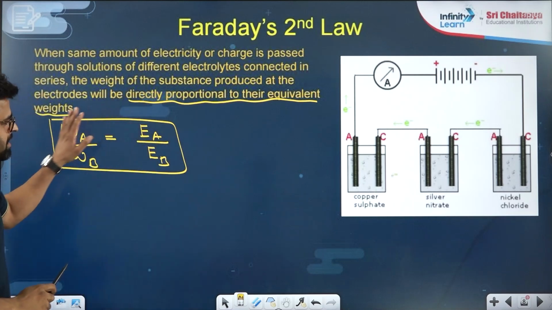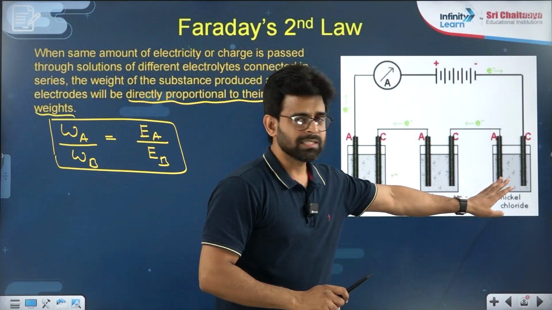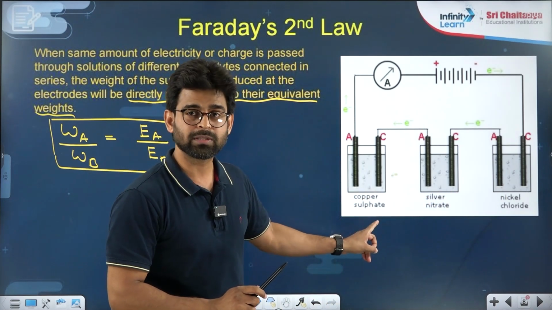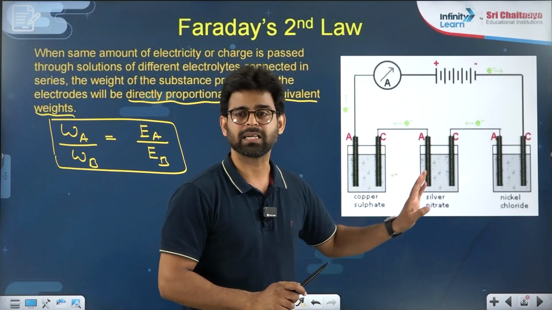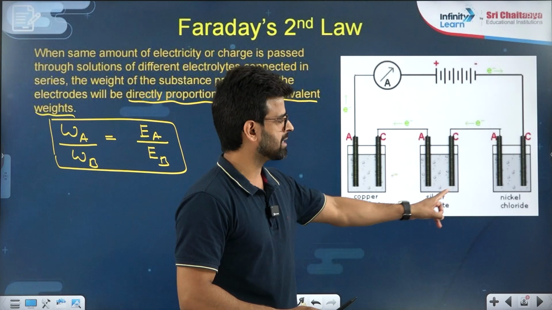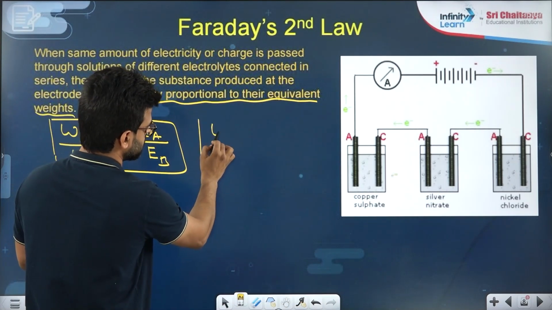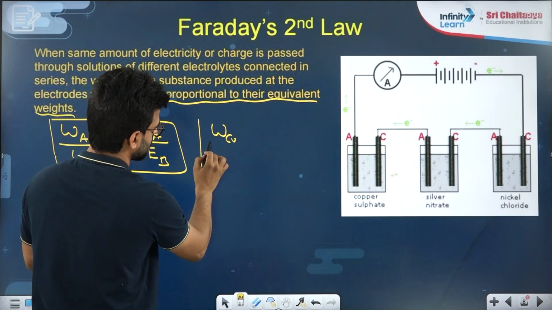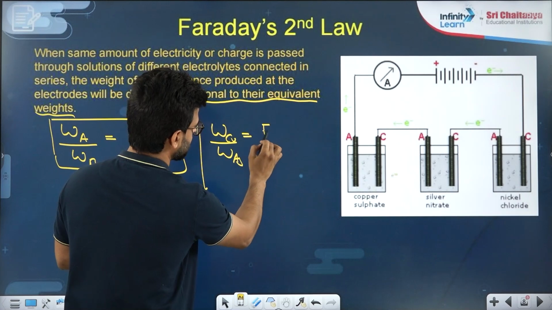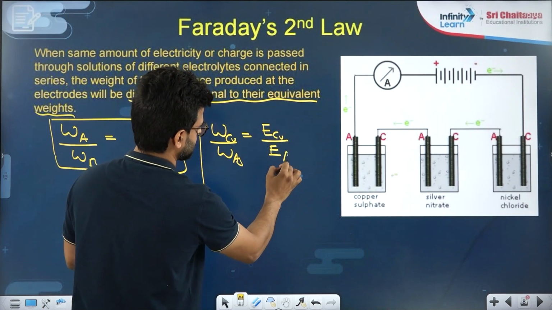This formula basically we have to use, right? Imagine I'm passing the same charge through all these three cells. In this case, copper will deposit at cathode. Imagine here silver, here nickel. Okay, that qualitative analysis we did, and I'm telling here copper, here silver, here nickel. So I can say directly from here that the weight of copper deposited divided by weight of silver deposited will be equal to the equivalent weight of copper divided by equivalent weight of silver.